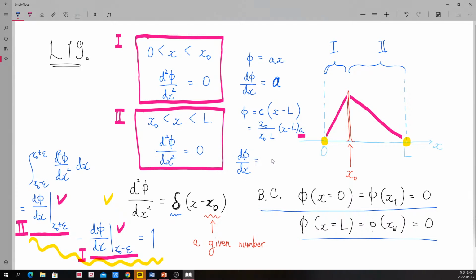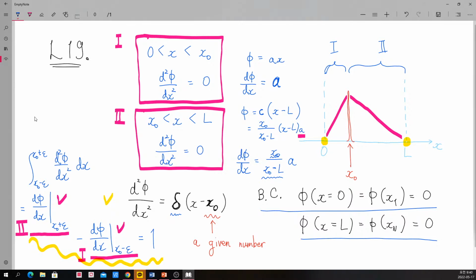We will have just x naught minus L times a. Obviously this x naught minus L term in the numerator becomes negative because x naught is smaller than L, so we have a negative slope here.